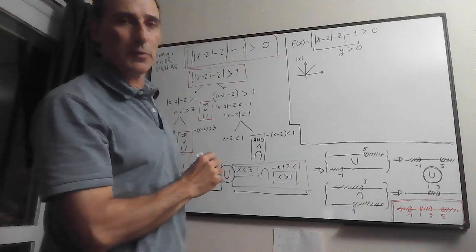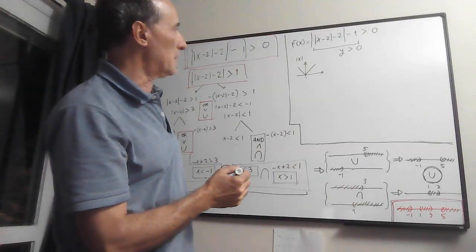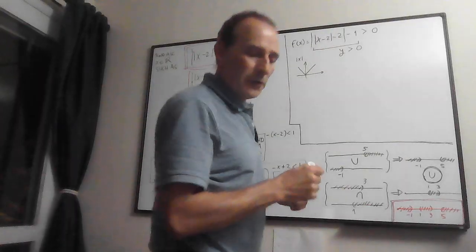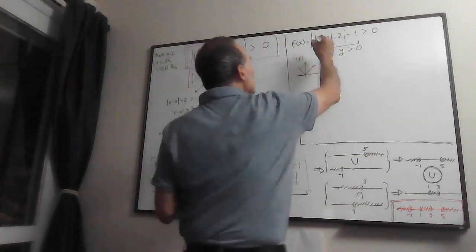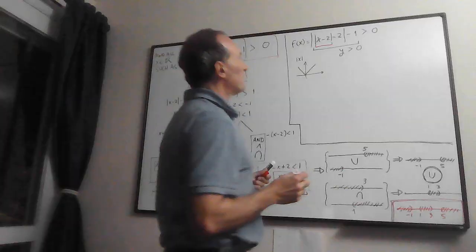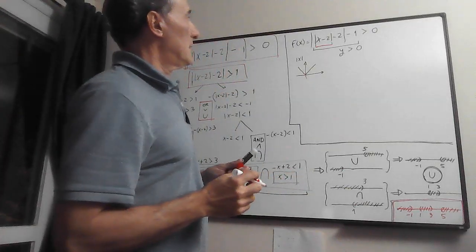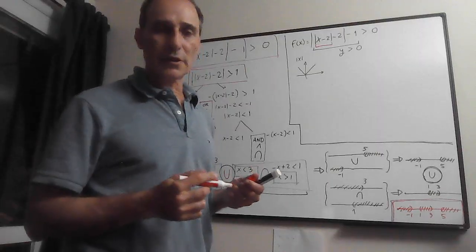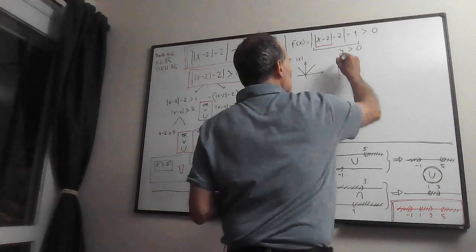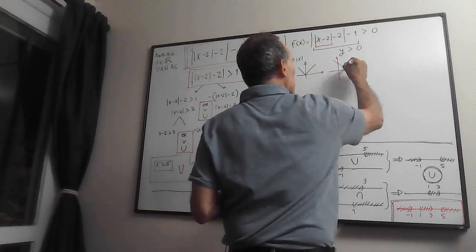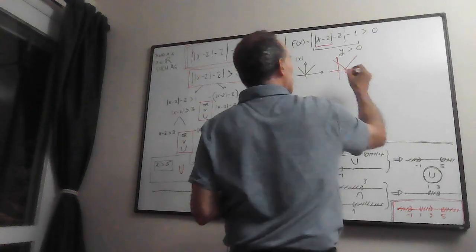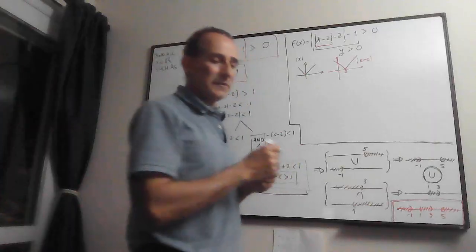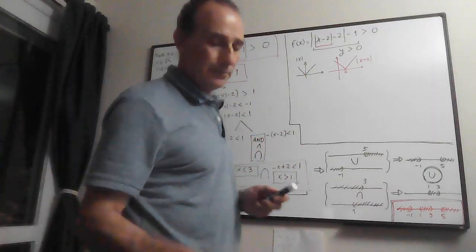You have the absolute value of x, you already know the graph of this function, and you can see here that there is a first transformation, which is the absolute value of x minus 2, and you know that this is a horizontal shift. So the graph is shifted 2 units to the right.